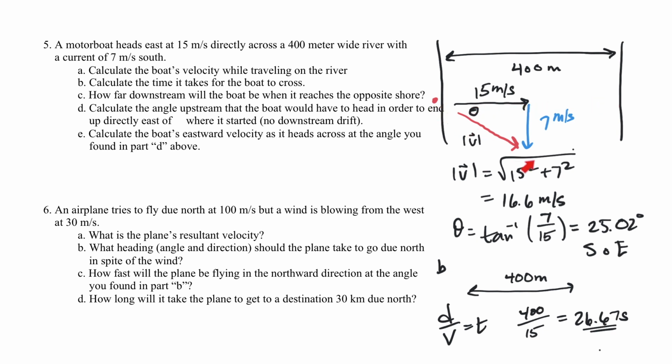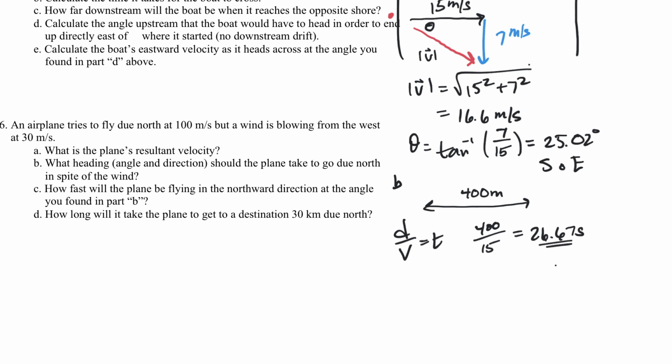I'm going down the river, yes, but I'm going only 15 meters per second across. Even though you have separate velocity vectors, I'm still only moving 15 meters per second this way and 7 meters per second south. Since that distance is horizontal, it's straight across, I only care about the velocity in that direction. The same question asks in part C, how far downstream are you going to be when you hit the other side?